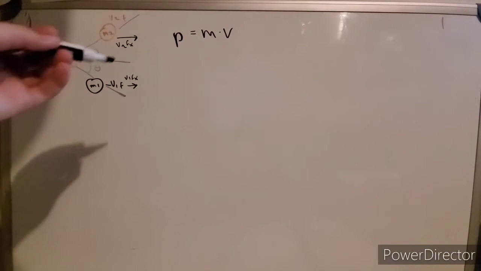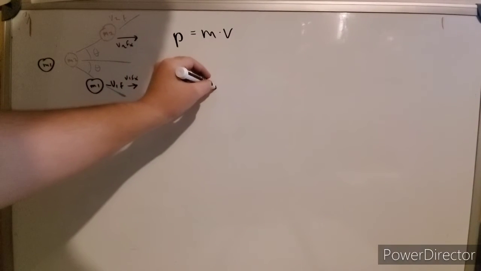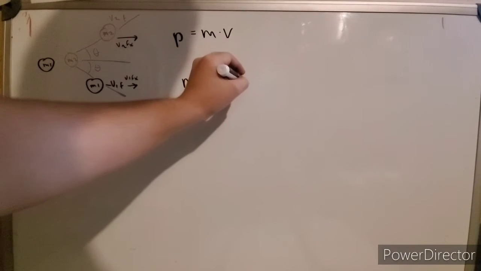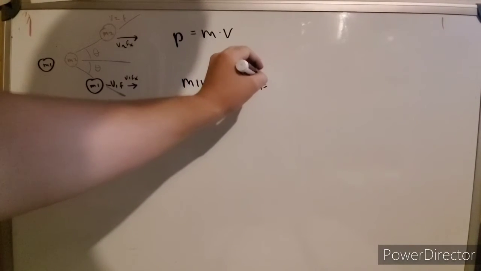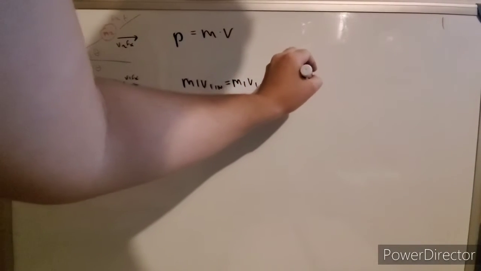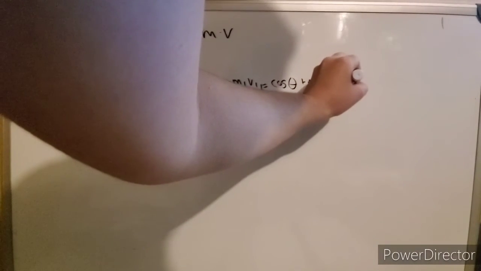So we can write the equation as m1 v1 initial equals m1 v1 final cos theta plus m2 v2 final cos theta for the second ball.